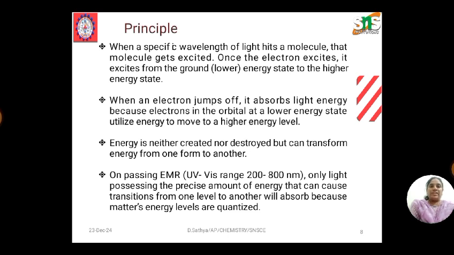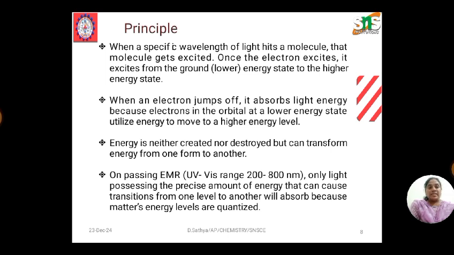The principle: when a specific wavelength of light hits a molecule, the molecule gets excited. The electron is excited from the ground state to a higher state. When the electron jumps, it absorbs the light energy, because the electrons in the orbital at the lower energy state utilize the energy to move to the next level.